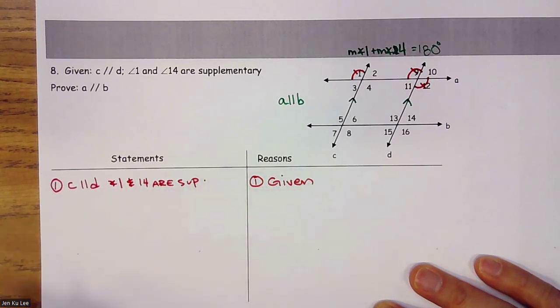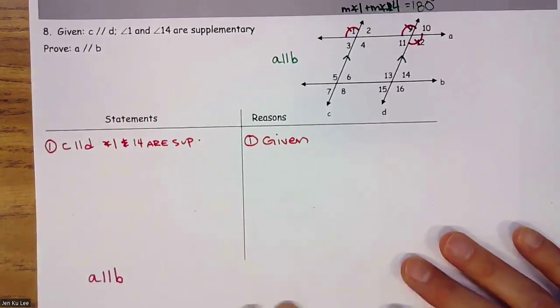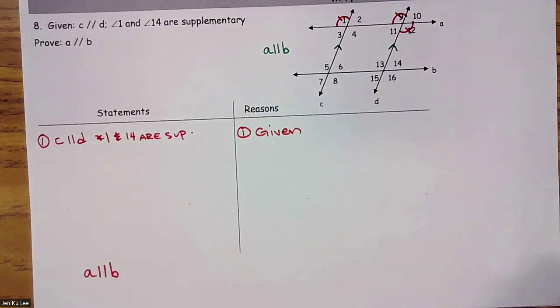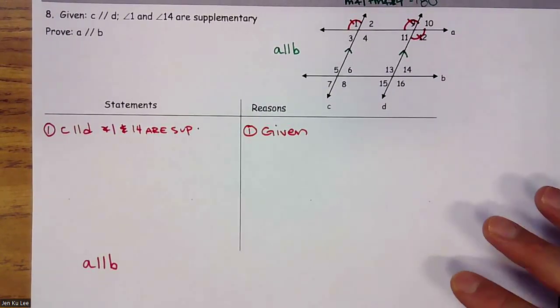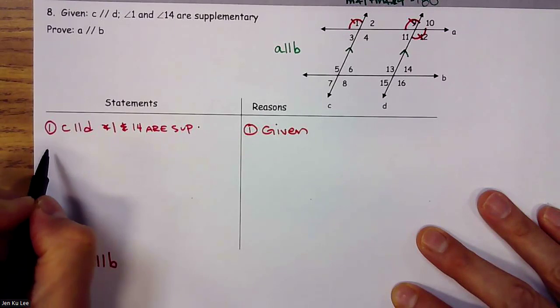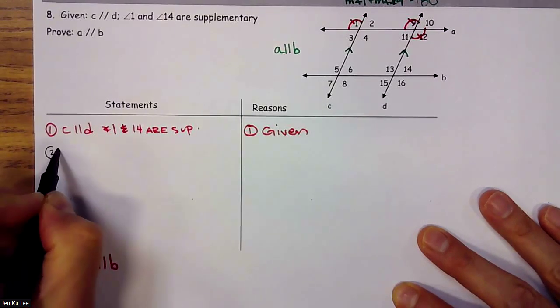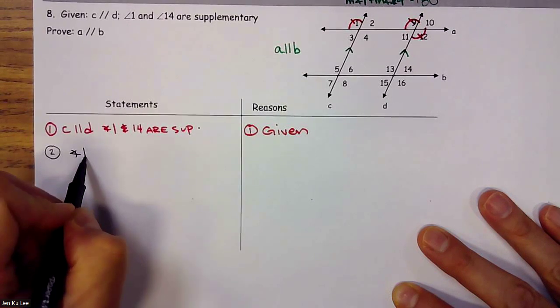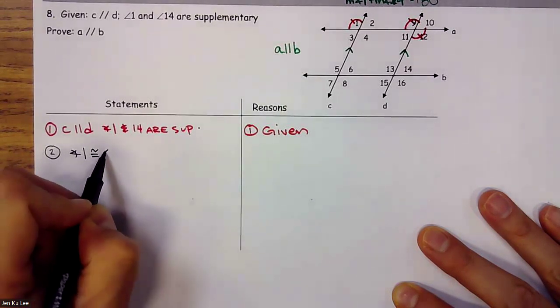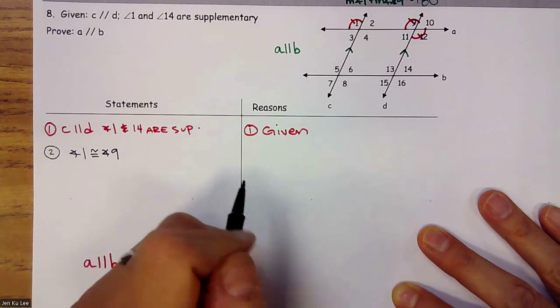That's given. And I know the last step is going to be A is parallel to B, right? So we got that. The second step is going to be angle 1 is congruent to angle 9.